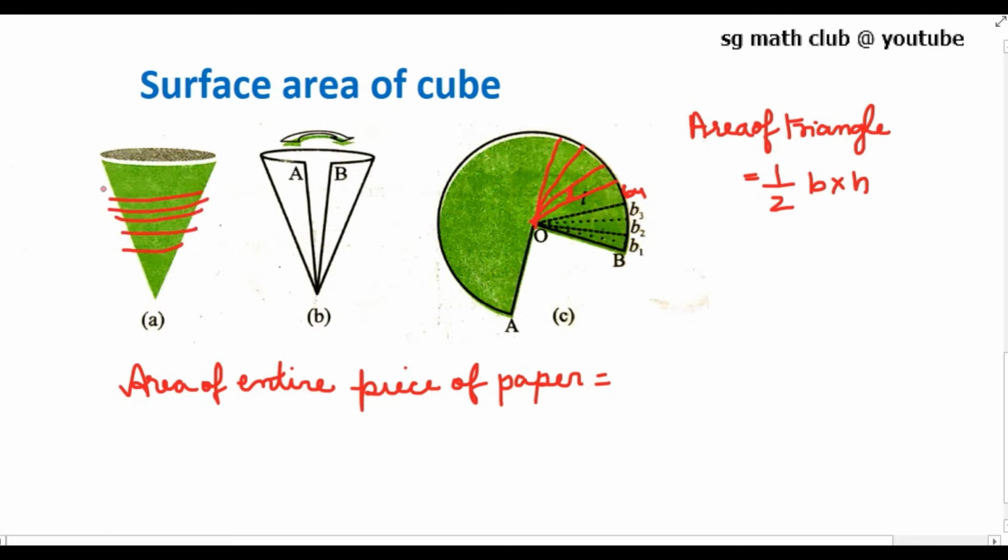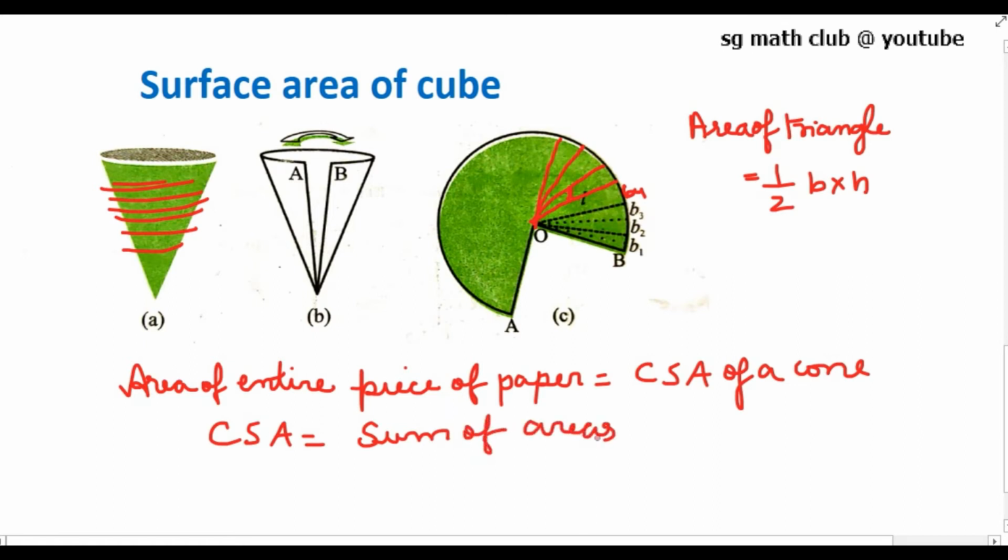When you open this cone, you get this piece, and this forms the curved surface area of the cone. So the curved surface area of a cone is equal to the sum of the areas of all these small triangles.